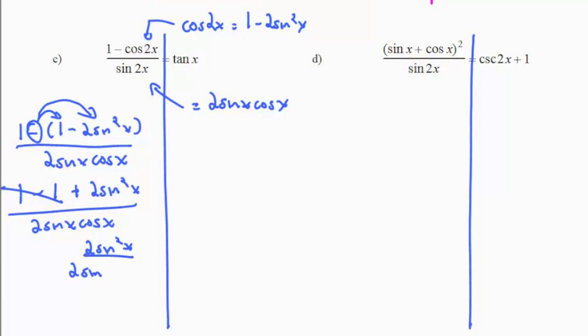Well, 1 subtract 1 is nothing. And so what do we end up with? 2 sine squared x over 2 sine x cos x. 2's cancel, one of the sines cancel. We get sine over cos, which is equal to, ta-da, tan of x. Left equals right.